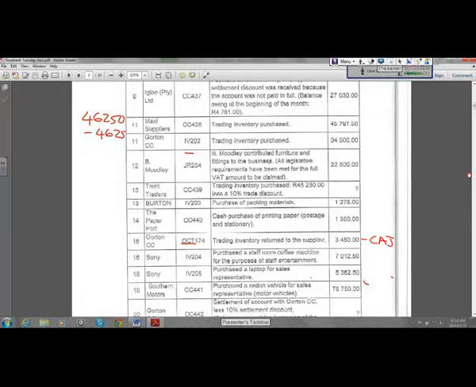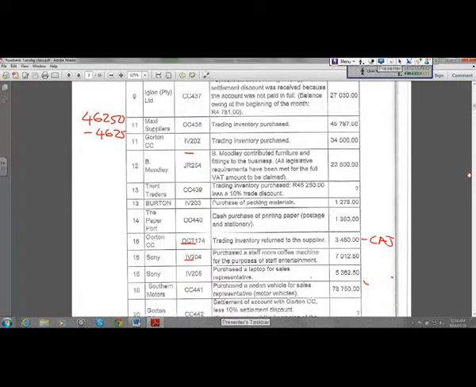All right, so the next one, we are purchasing a staff room coffee machine for the purposes of staff entertainment. So we are buying a machine and using the invoice. So we are buying this machine on credit.